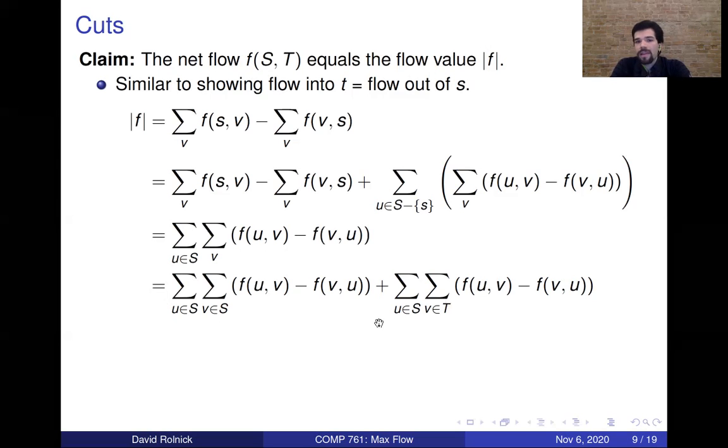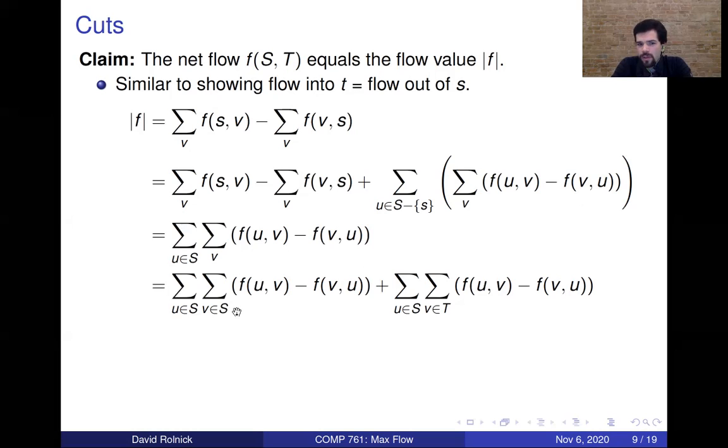We might also break it up like this because we wanted the stuff across the cut. The motivation is that we want all of these terms because this is the value of the flow across the cut, and we can get all of them just by adding these zeros to the value of the flow.